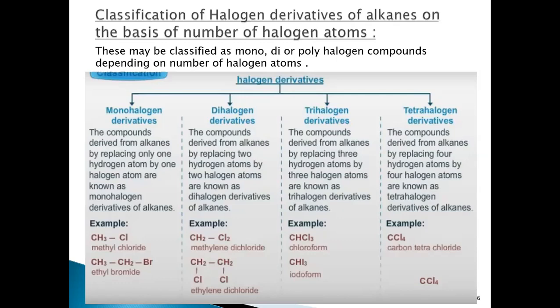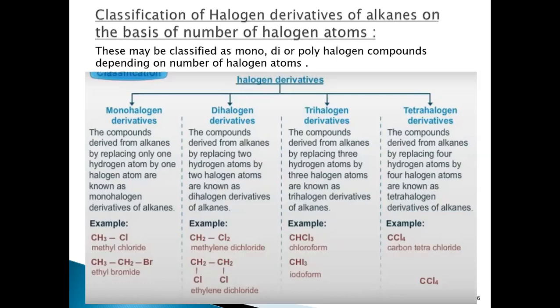See this example, CH3Cl. Only one chlorine replaces one hydrogen and the compound is methyl chloride. Similarly, in this only one hydrogen is replaced by bromine. Only one halogen is present, therefore it is a monohalogen derivative.